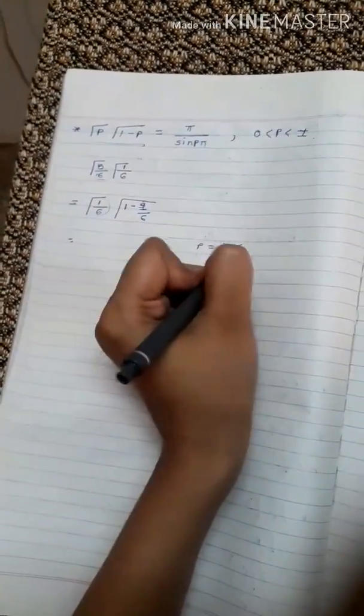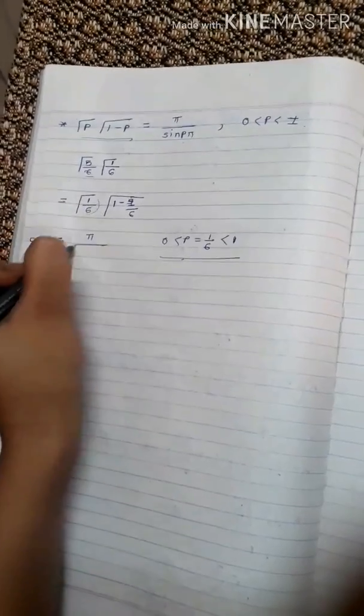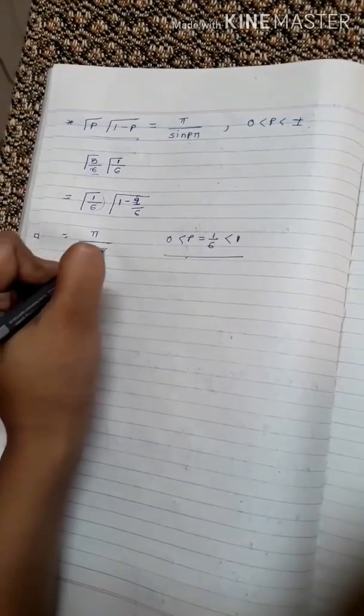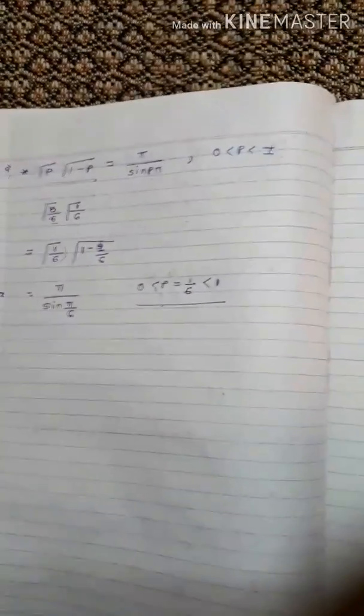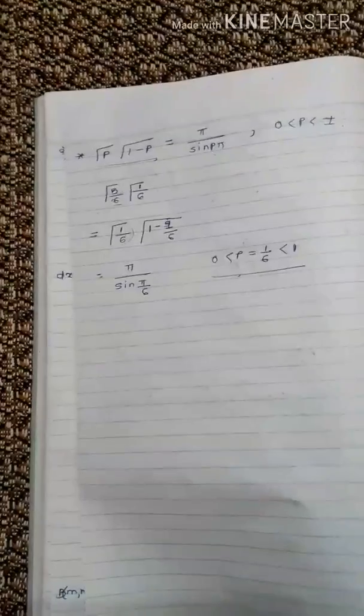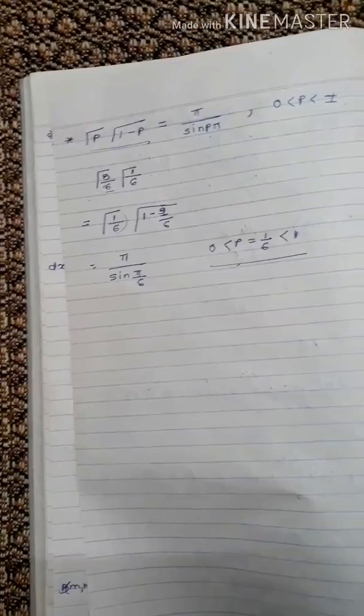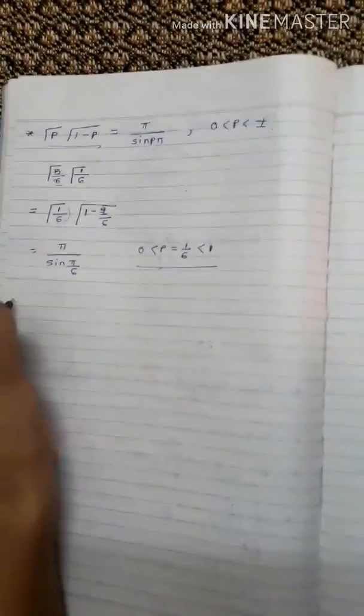Which is clearly greater than 0 and less than 1. Correct? So in that case I am going to substitute the value of p directly here. So this is pi upon sine of pi by 6, and that's it. So substituting the value of sine pi by 6, I'll get the value. Substitute the value so that you can get the value of the product of two gamma functions.